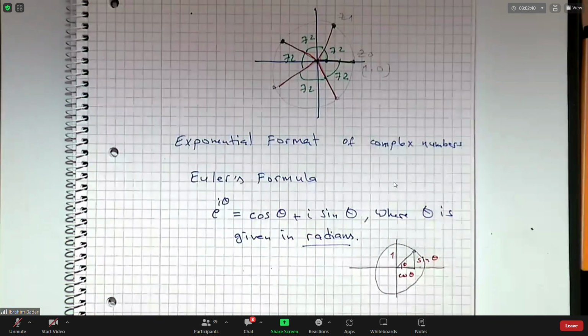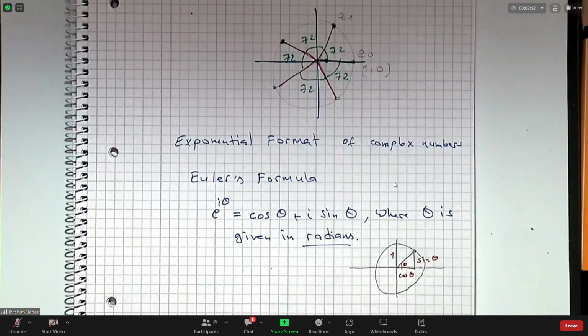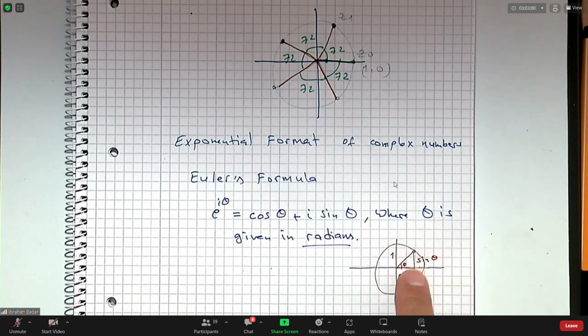Now if you square cosine theta and sine theta, according to the so-called Pythagorean theorem, you will have the radius here, which is the famous equality in trigonometric functions: cosine squared plus sine squared is equal to one.